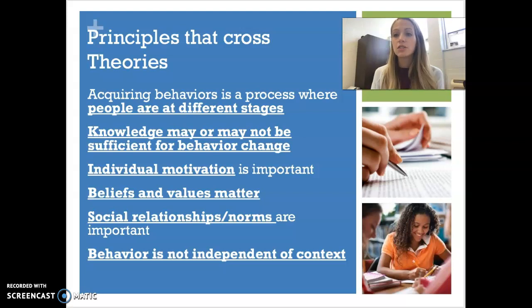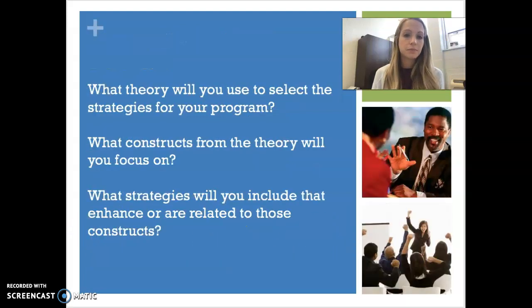Individual motivation is so important, right? That self-efficacy is so important. Beliefs and values matter. What's important to the individual is important to the behavior. Social relationships and norms are also important. The people that are surrounding you influence your behaviors. And behavior is not independent of context.